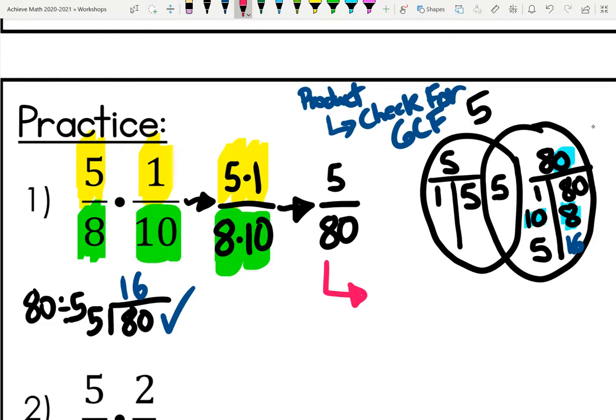Remember, this course is all about no calculator. So to simplify, watch what I'm going to do. What is 5 divided by 5? 1. What is 80 divided by 5? Notice how this chart helps?